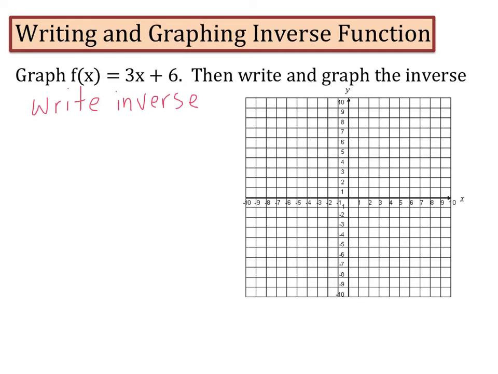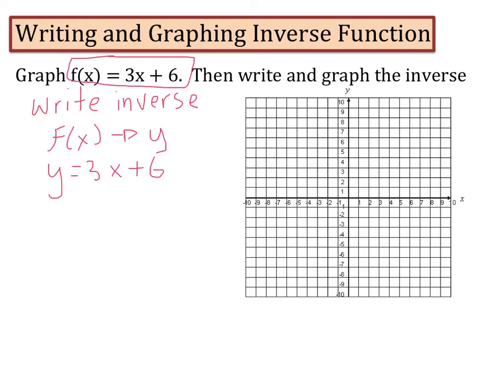So doing this is pretty simple. We know that whenever we see f of x, that essentially means y. So we can rewrite this equation up here as y equals 3x plus 6. Now in order to write the inverse, we're still thinking about what's happening to the variable.